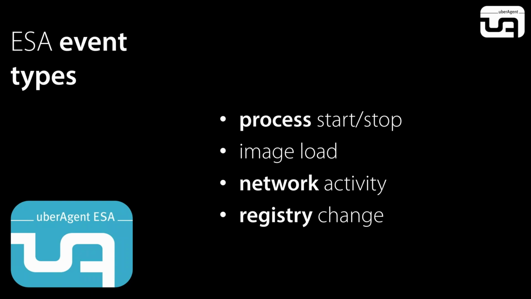Whenever something that you're interested in happens, uberAgent ESA will detect that. And looking at the properties that are available when any of these events is recorded, for example when a process is started, in our rules that we create for you, we have available all of the process properties.